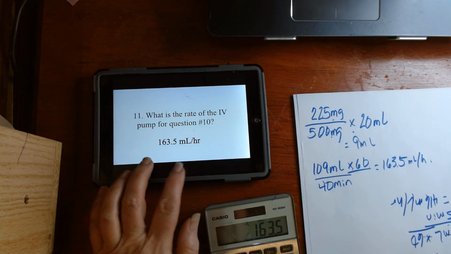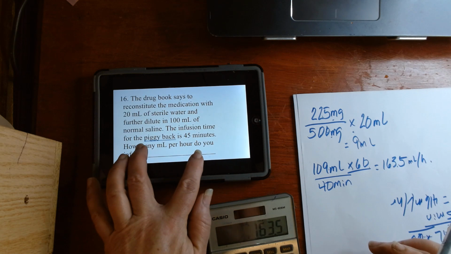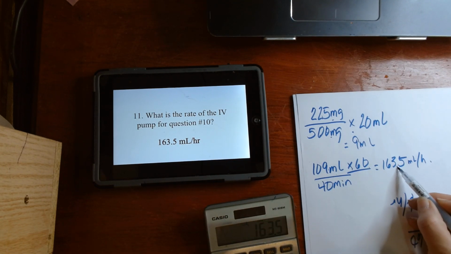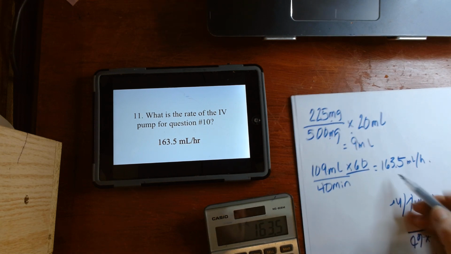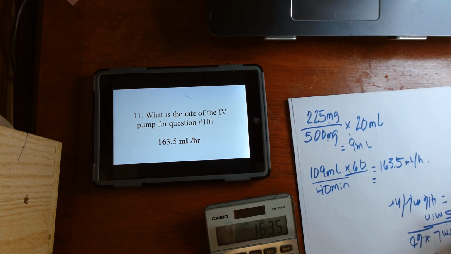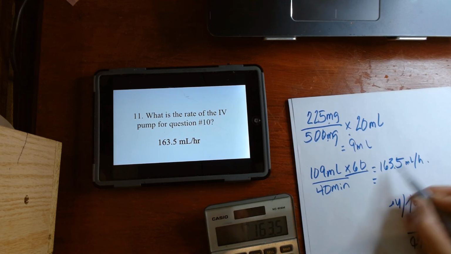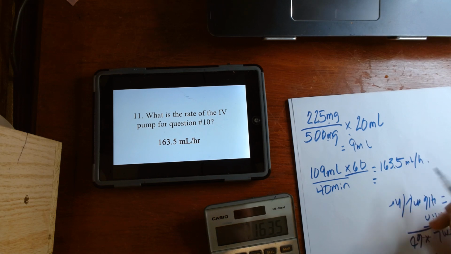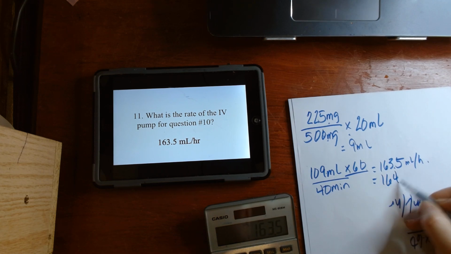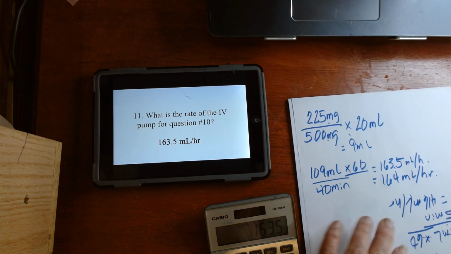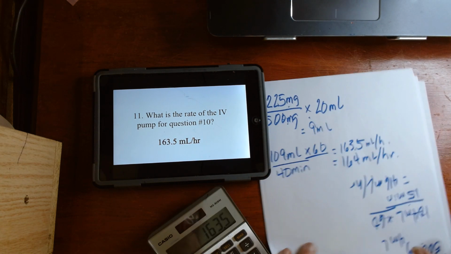Now, the student who sent me this, the instructor had the answers written on a different sheet of paper, and she kept it at 163.5. I'm not sure why. I would put 163.5 and then 164 milliliters per hour, which is what most instructors want you to do.